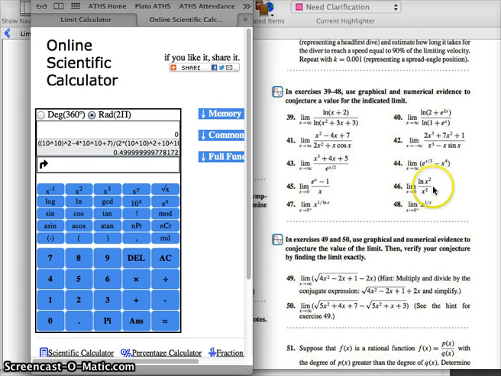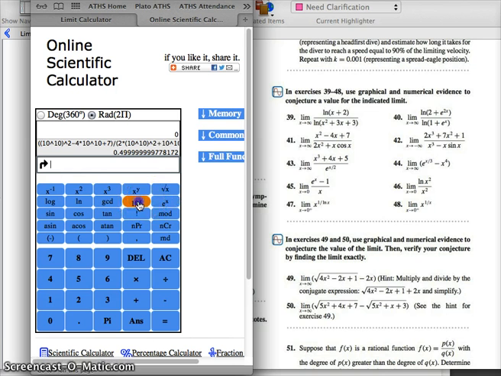And again, let's look at number 48. We're approaching 0 from the right, so we're going to choose a very, very small number.